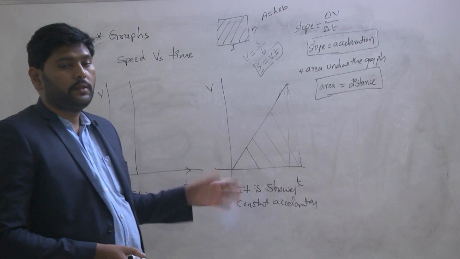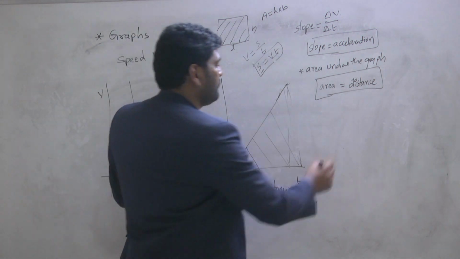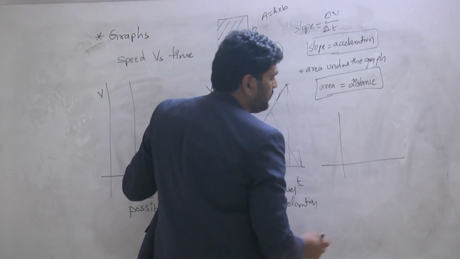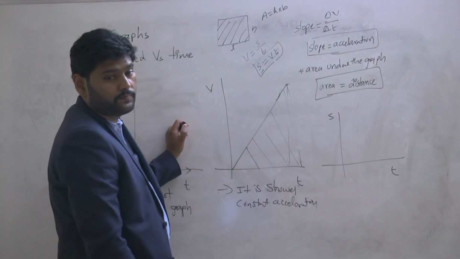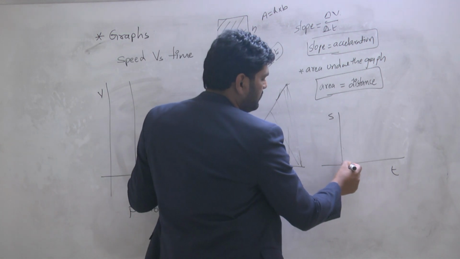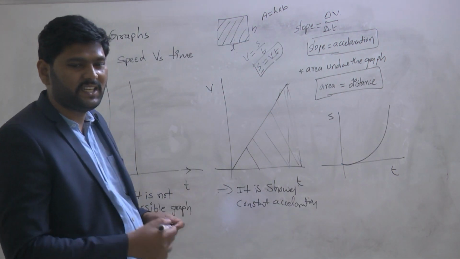Am I right? Then how can you represent distance versus time? It is a curve. Understand?